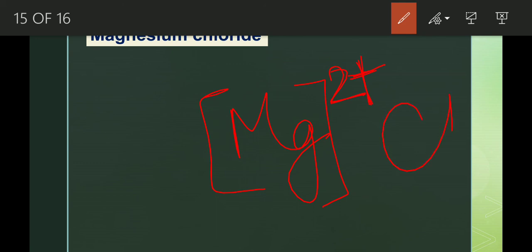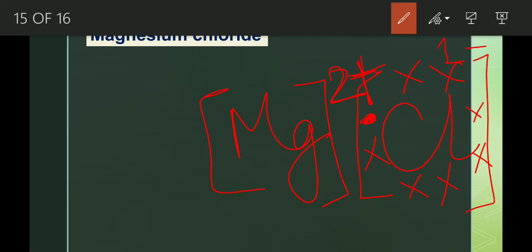And chlorine, what is it doing? This particular chlorine is accepting 1 electron from magnesium, and so it will be 1 minus. Why 1? Because it accepts only this particular electron from magnesium. Only one electron. That's why it's 1 minus.